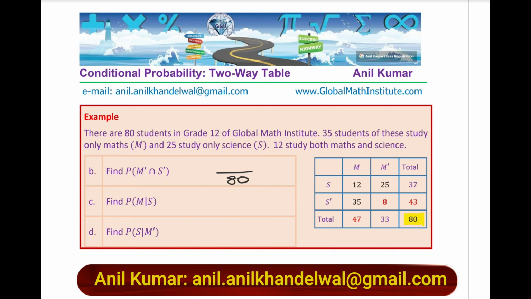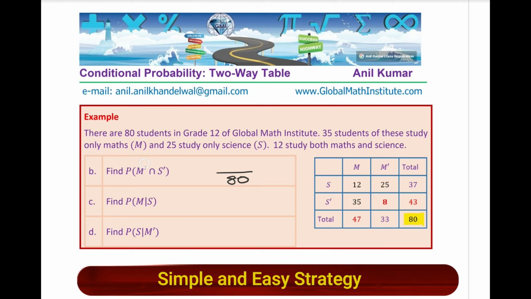Now, out of this 80, we are looking at the intersection of not maths and not science. That is to say, this is not maths, do you see that? And this is not science. So the intersection is what? The intersection clearly is 8.